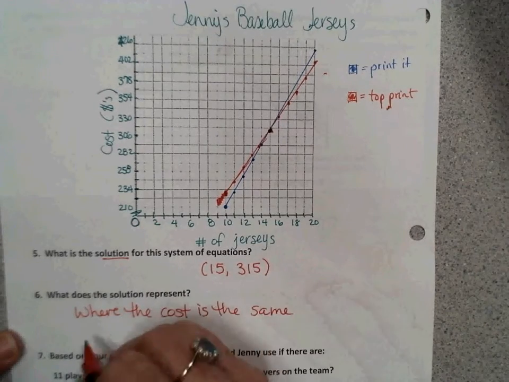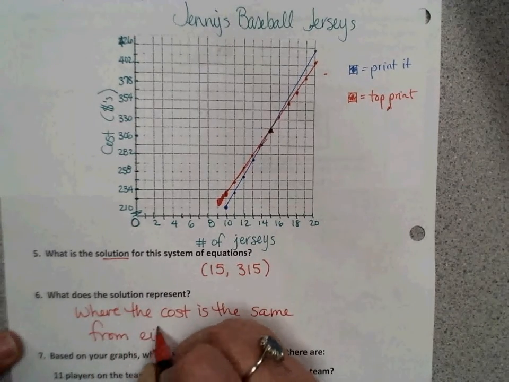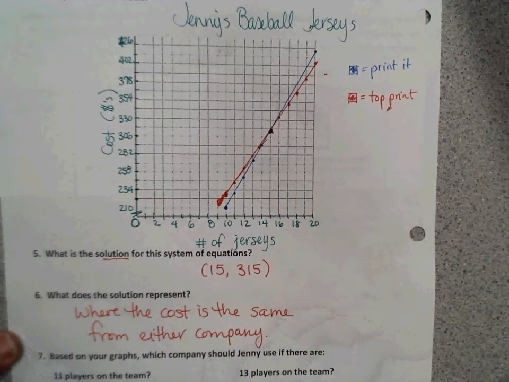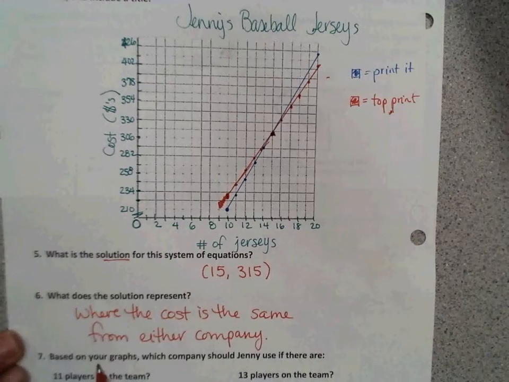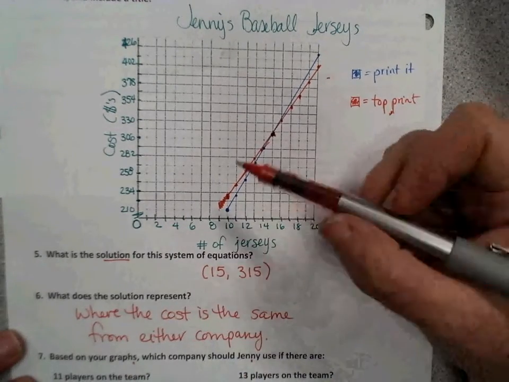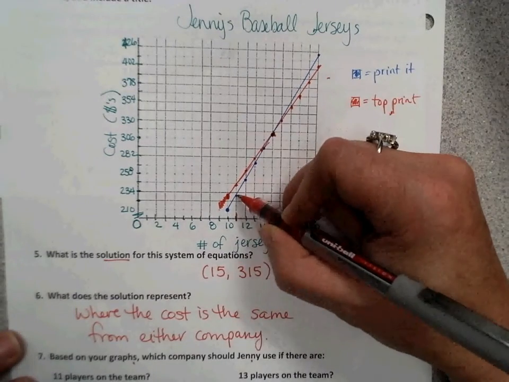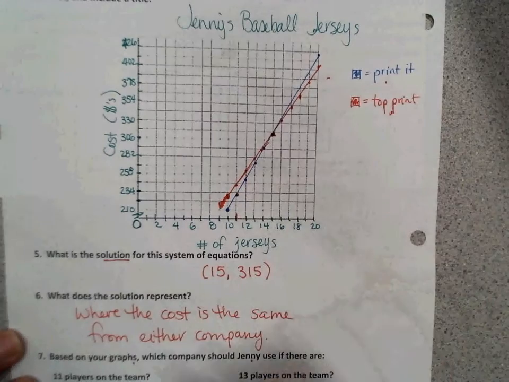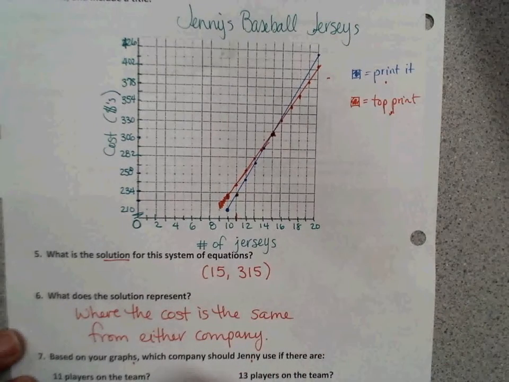So what does this solution represent? This represents where the cost is the same from either company. And then we're asked, based on our graphs, which company should Jenny use if there are 11 players on the team?